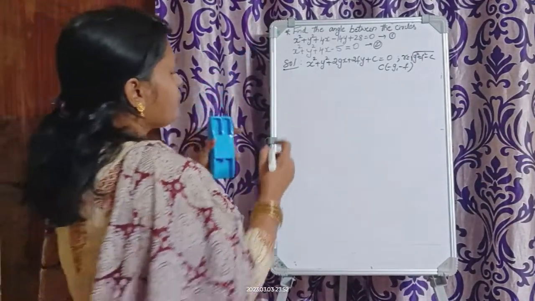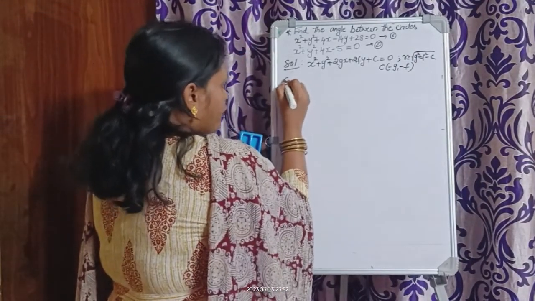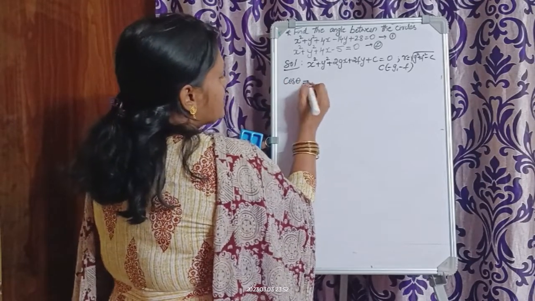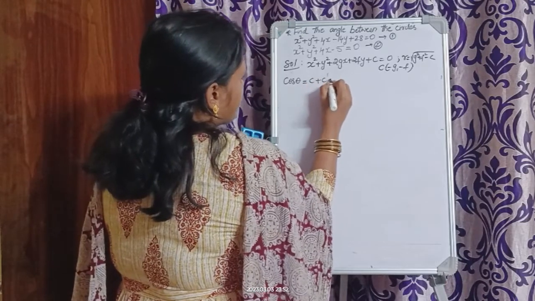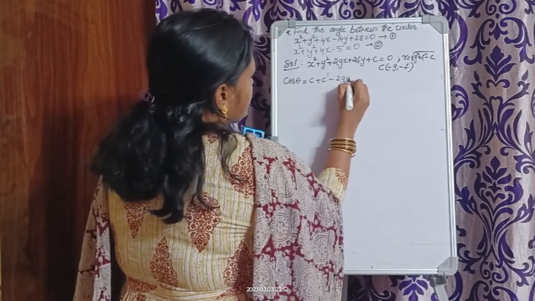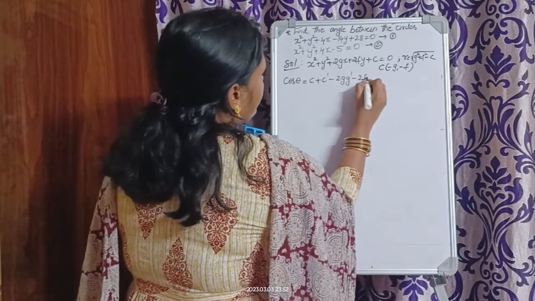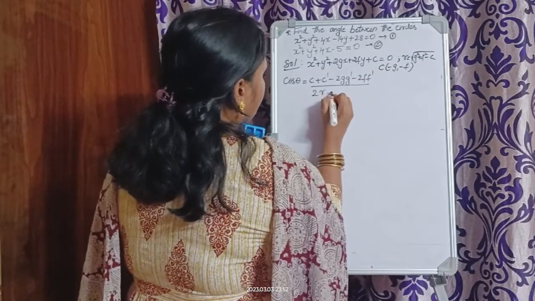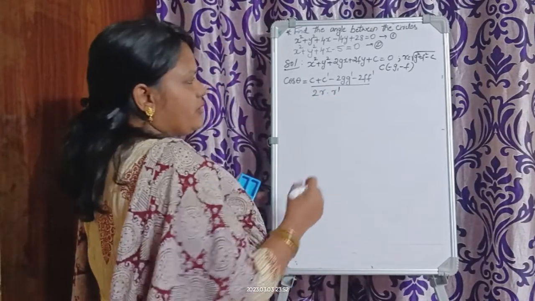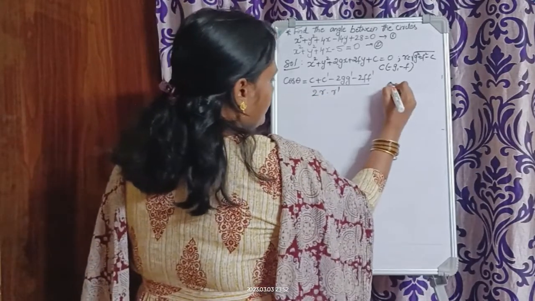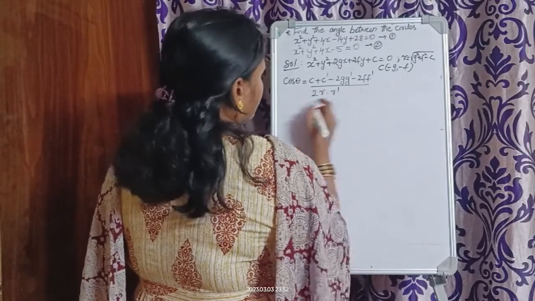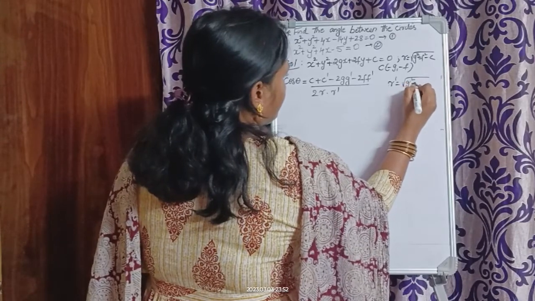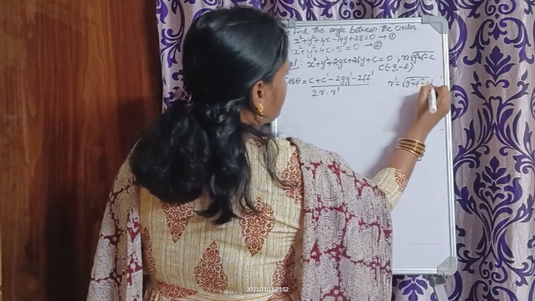From equations 1 and 2, we have the formula for the angle between the circles given as cos theta is c plus c dash minus 2g g dash minus 2f f dash divided by 2 times r into r dash. Right? Where r dash is square root of g dash square plus f dash square minus c dash.